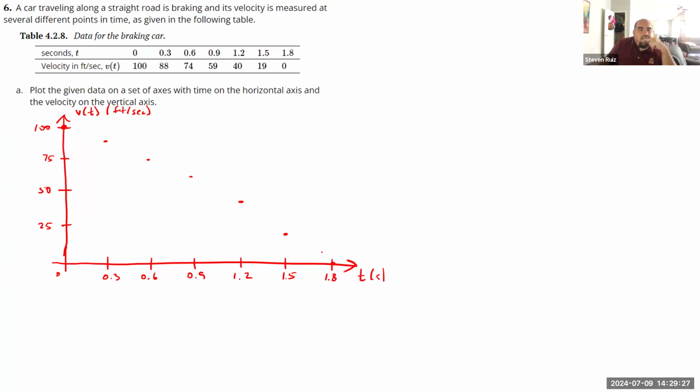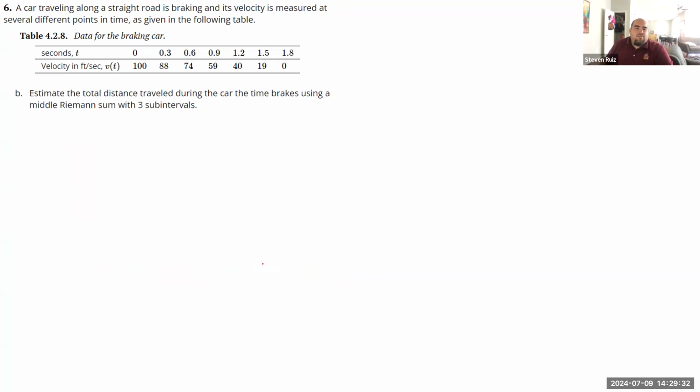Plot the given data on a set of axes. Okay, good. Then what? Estimate the total distance traveled during the time the car was using the brakes using a middle Riemann sum.